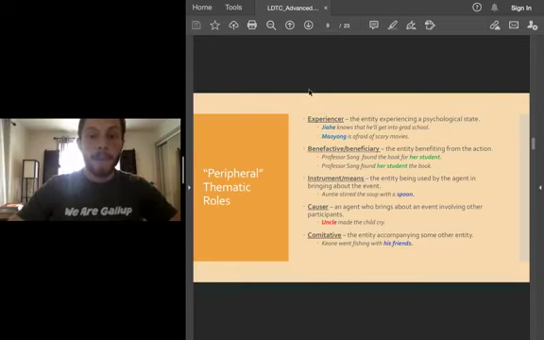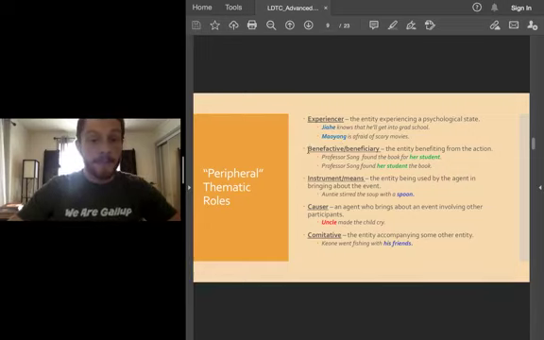So the first one is experiencer. This is an entity that experiences a psychological state. For example, Jiahe knows that he will get into grad school. So Jiahe is the one experiencing the psychological state of knowing. Similarly, Mao Yong is afraid of scary movies. Mao Yong experiences the state of fear, so he is the experiencer.